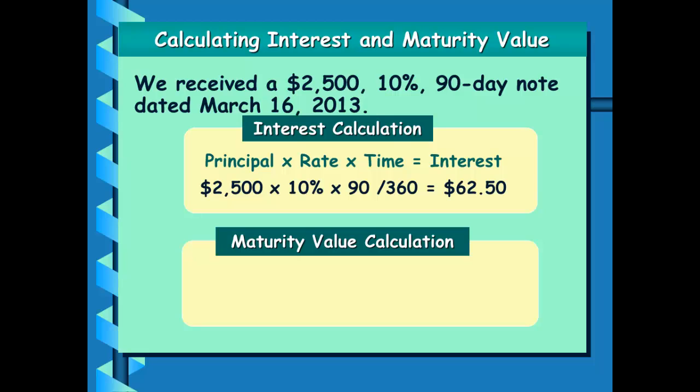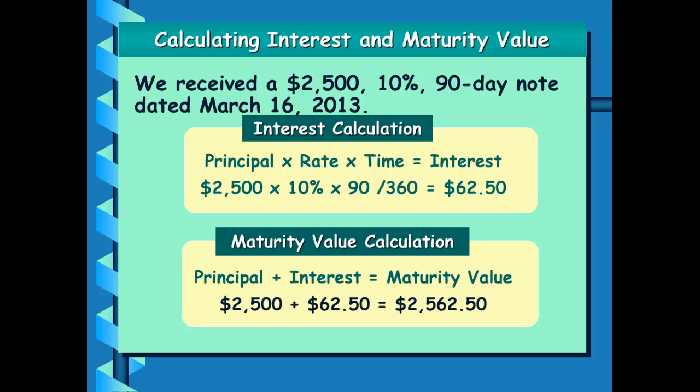The maturity value then would be the $2,500 principal plus the $62.50. It says when the note matures then I should be paid $2,562.50. Face value plus all of the interest.